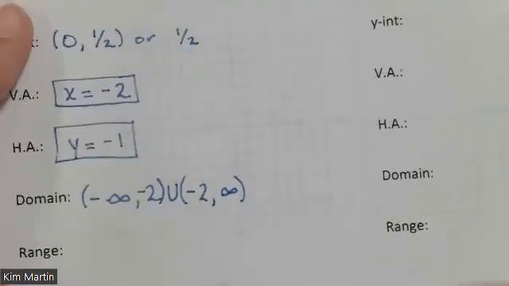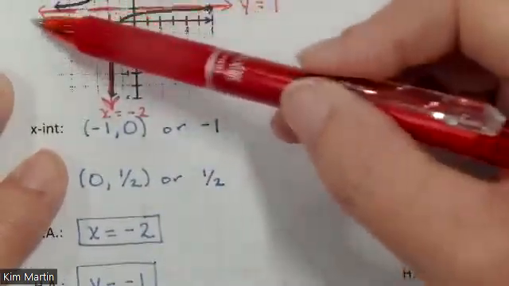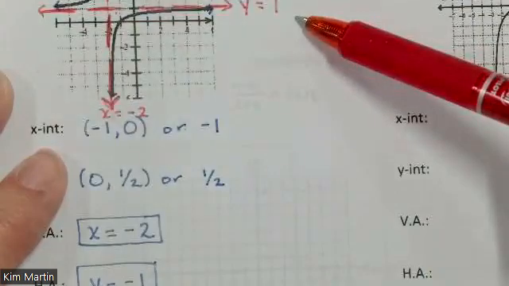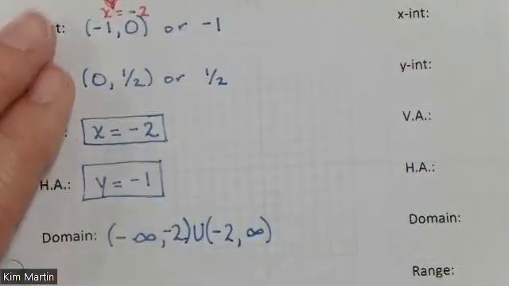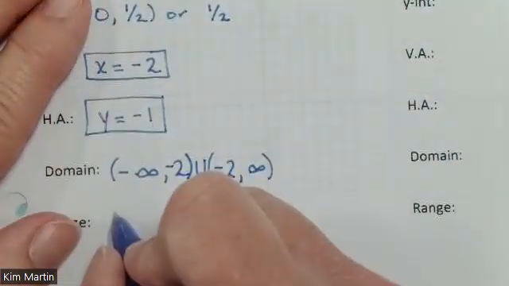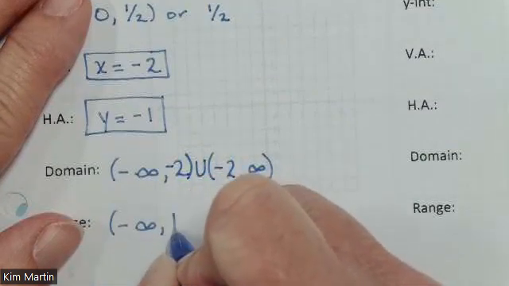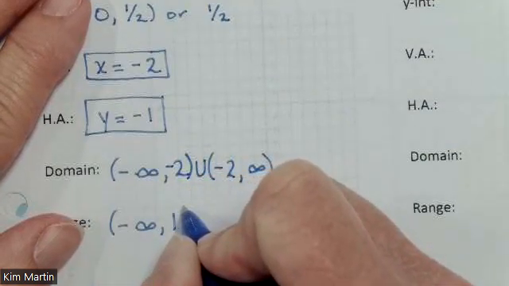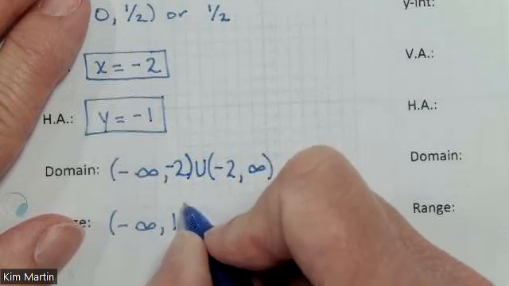Now, for the range, it can be everything except where this horizontal asymptote is. So to take out 1, you're going to do the exact same thing: -infinity up to 1. What are we going to use? Parentheses or bracket? Parentheses.